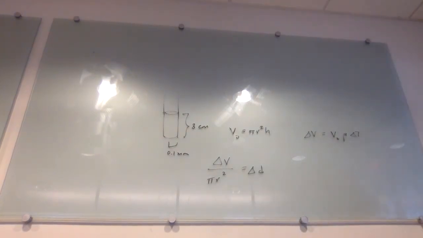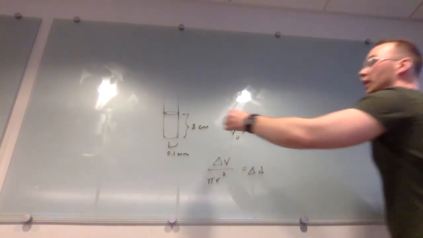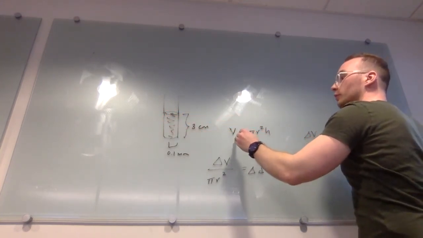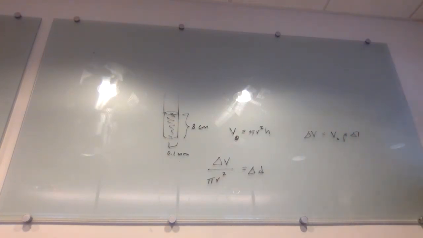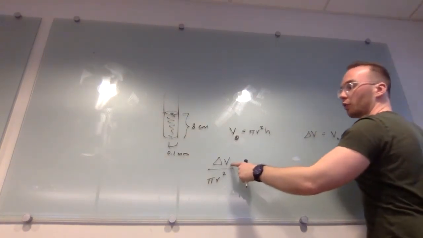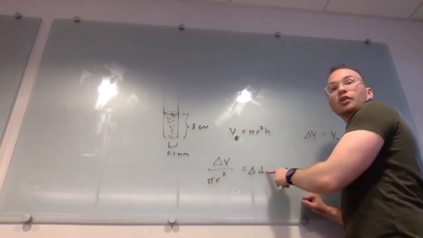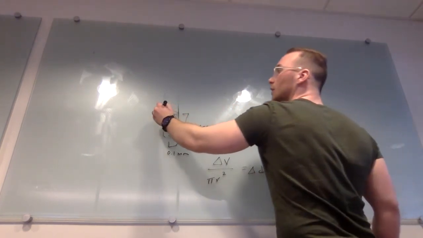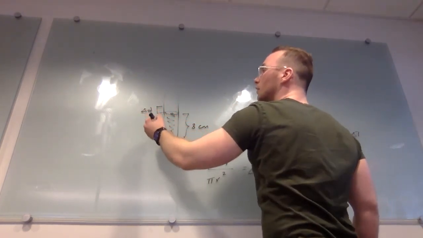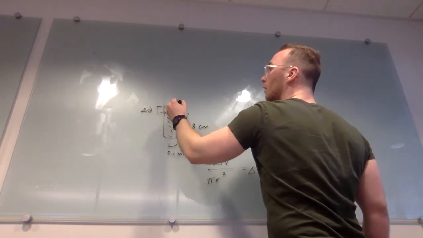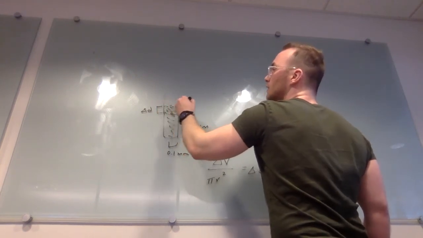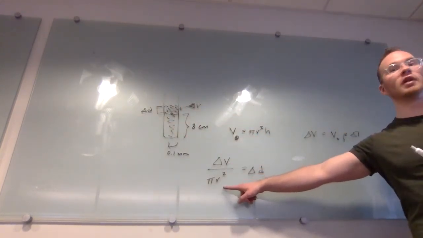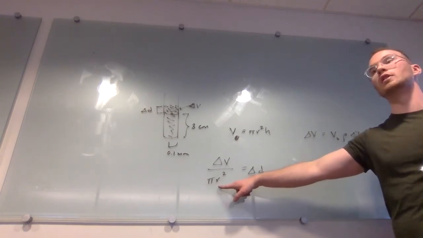So that's the formula, and we're given these parameters. We know that this is mercury, so we can find the volume of the mercury initially. What we want is the change in height, delta D, because we can't measure the change in volume directly. That amount above is delta V, related through the area of the cylinder, pi r squared.